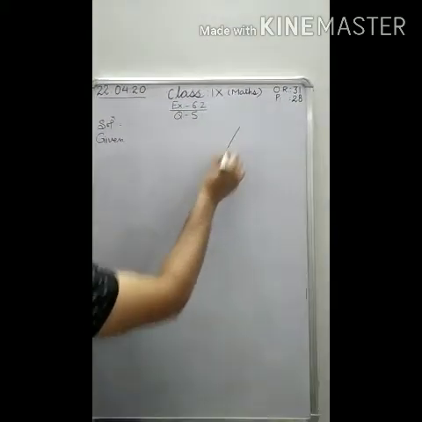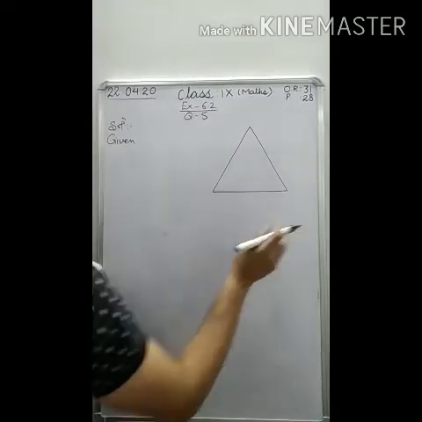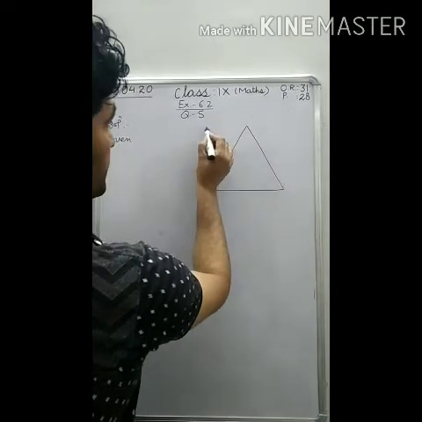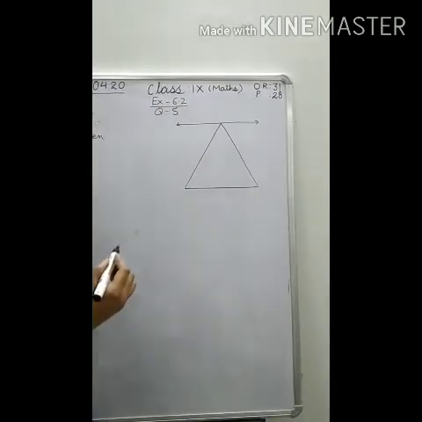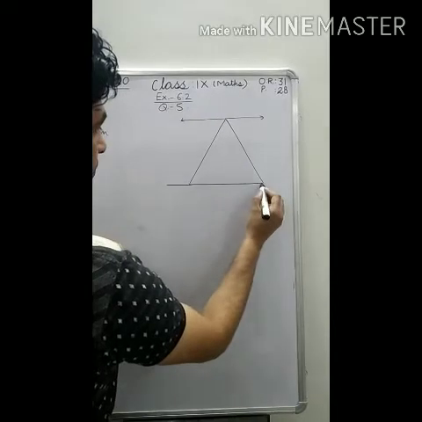Students, in this question you have given a triangle. Here one line is this, and here this one is extended.